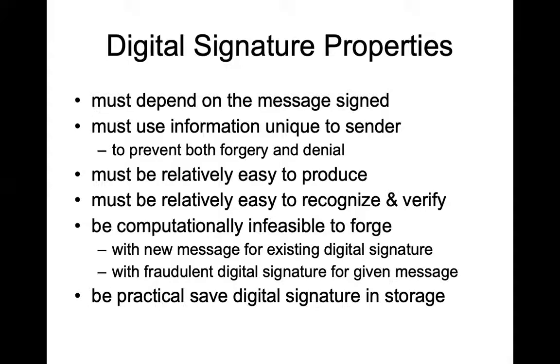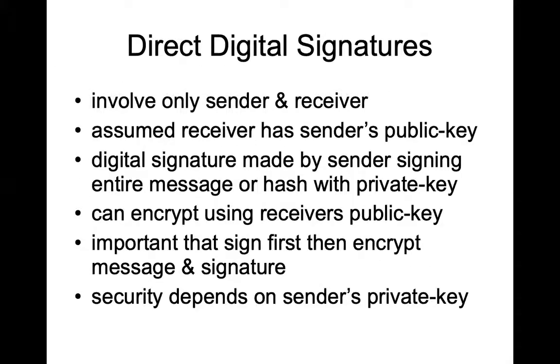It should be easy to produce, and it should be easy to recognize and verify, and it should not be computationally feasible to forge. And the digital signature should ideally be short. It should not be too long. So it should only involve the sender and the receiver.